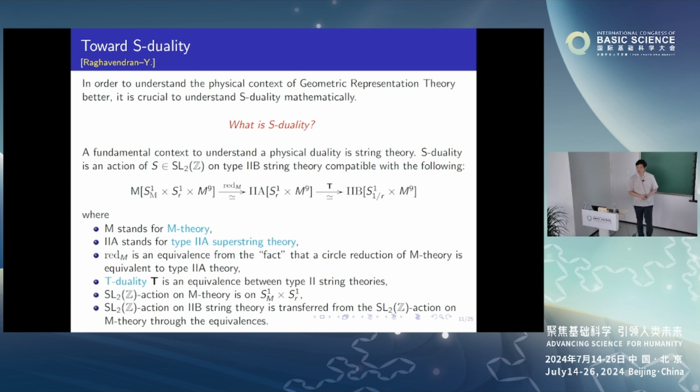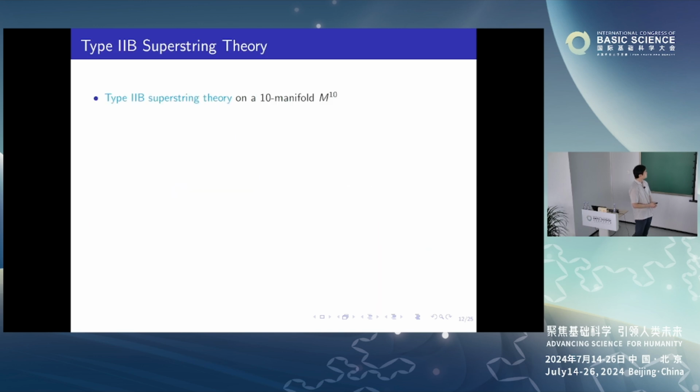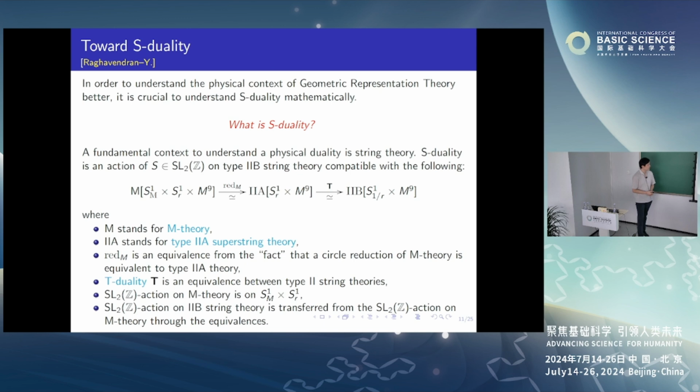And this is one way physicists would say what an S-duality is. So basically the idea is that string theory is not quite defined in any reasonable sense.